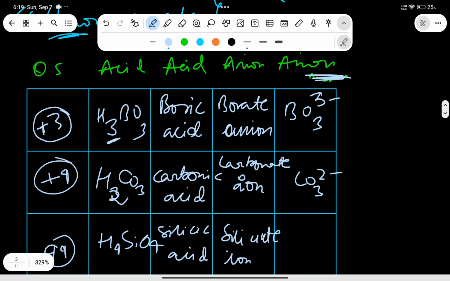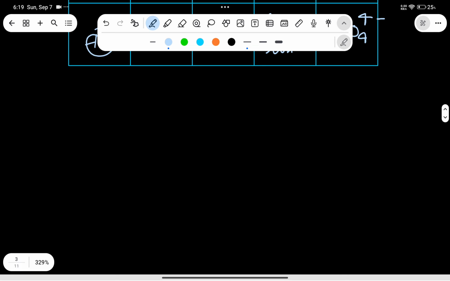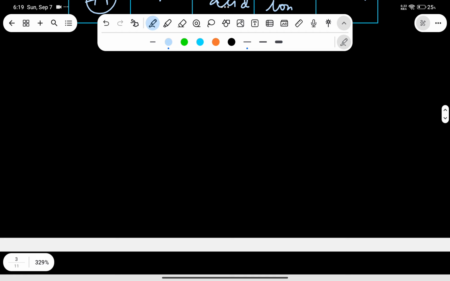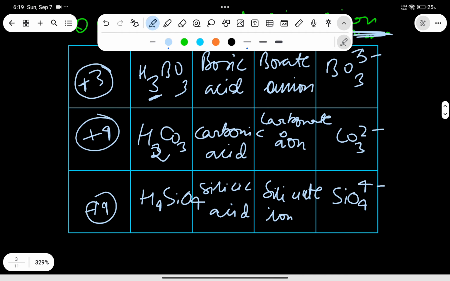The anion name would be silicate, because the acid ends with ic. And SiO4 4 minus would be the formula. Alright, so we have completed the first point with examples.